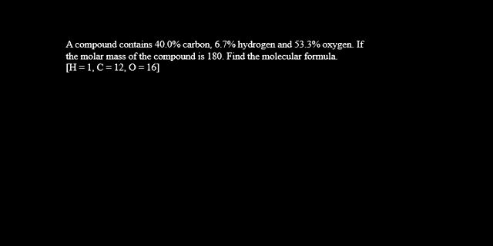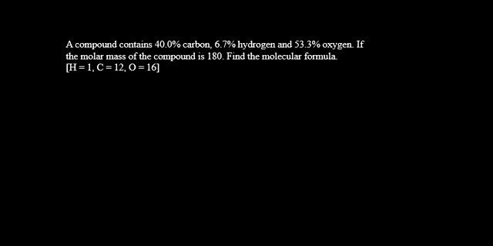You know, I told us when I was explaining the three types of formulas that we have, that we are going to get the molecular formula from the empirical formula and the molar mass. Now let's get started.